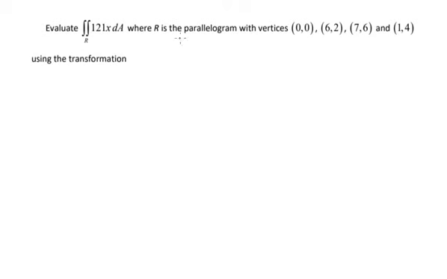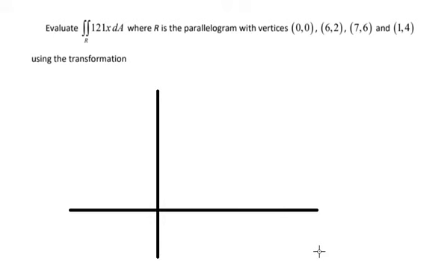R is the parallelogram. So we have the vertices. And now we need to plot them in here. So we have 0, 0 in here. The point 1, 4 should be in here.